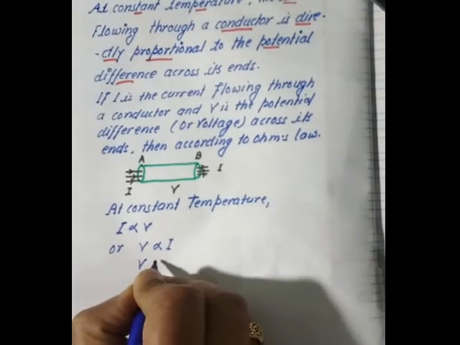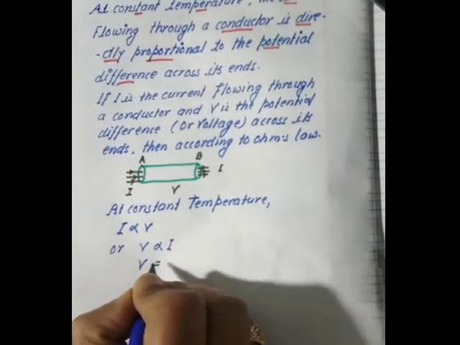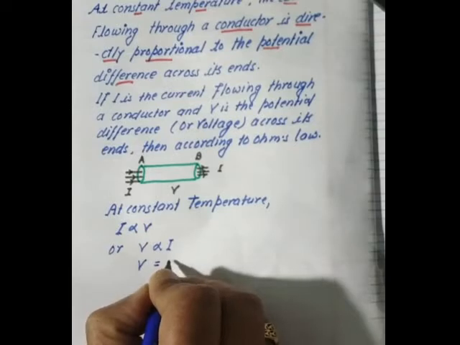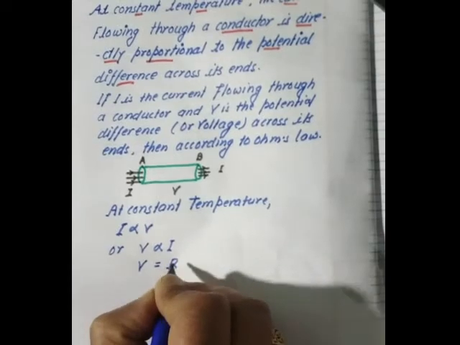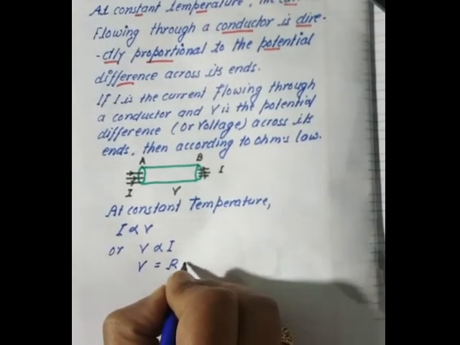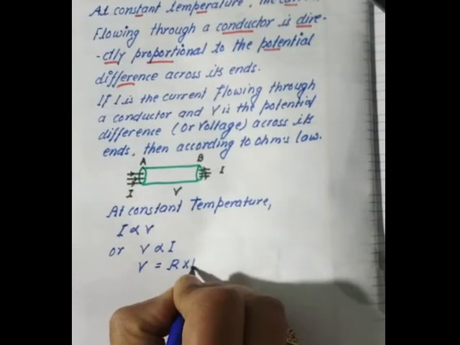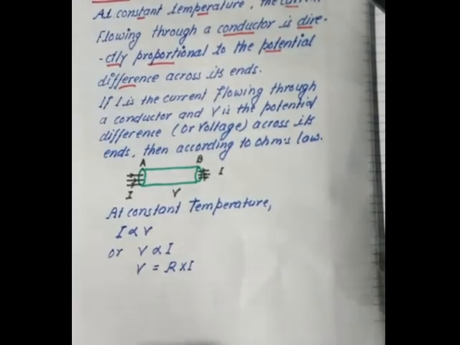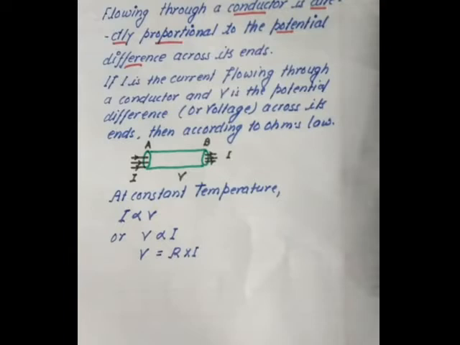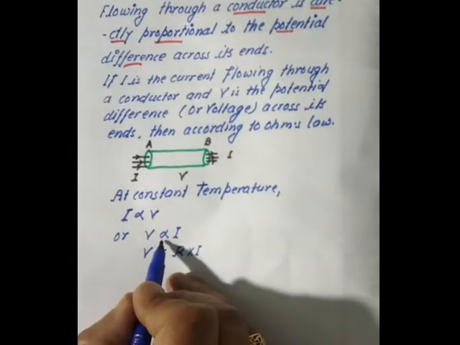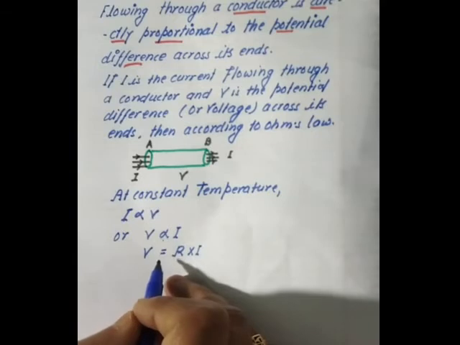V equals R into I. For removing the sign of proportionality, we introduce a constant.